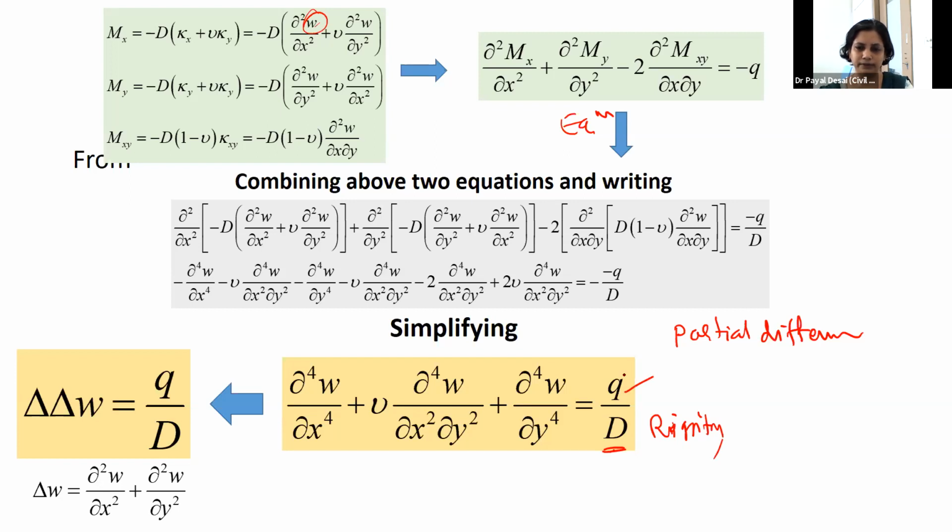It has a loading. It is a single biharmonic equation, fourth order, in terms of a single displacement of the plate. Single displacement of the plate, that is in the vertical direction, because it's a bending. This is my plate, it bends, and this W is your deflection of the plate.